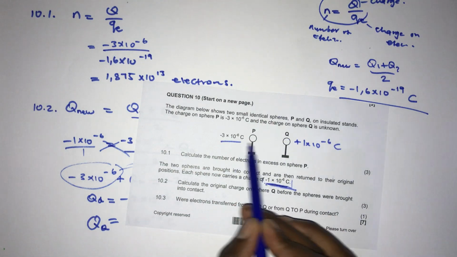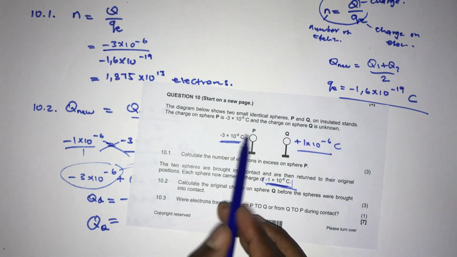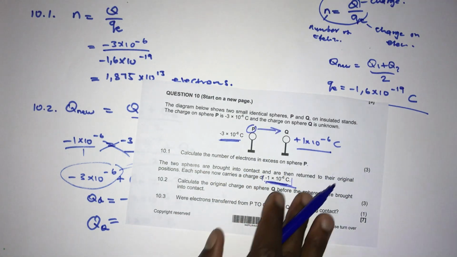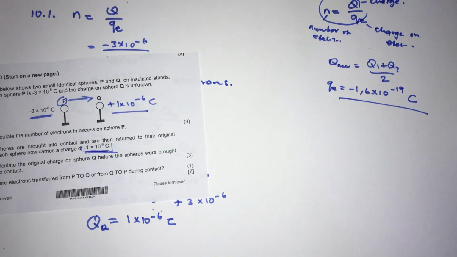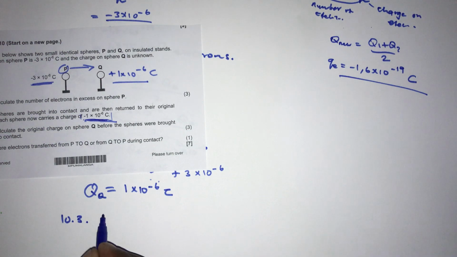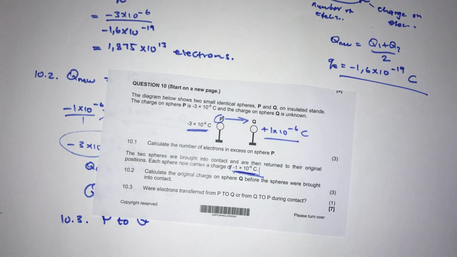So they will move from the negative to the positive, that means from P to Q. 10.3, they will move from P to Q. That's how you can tell the difference.